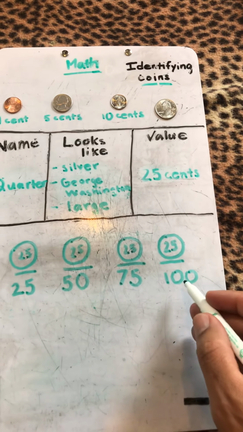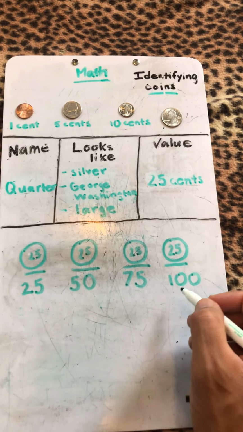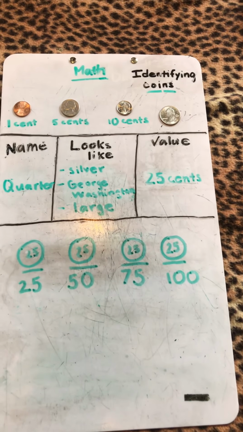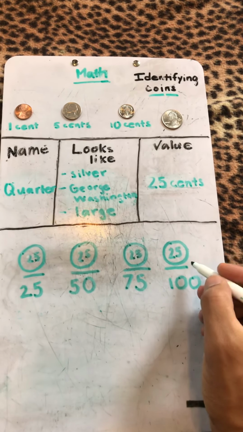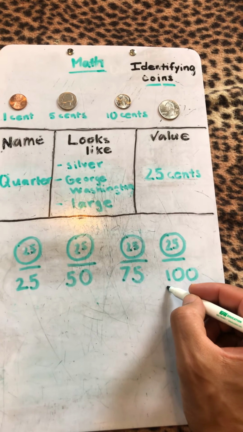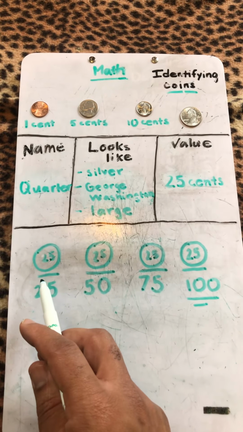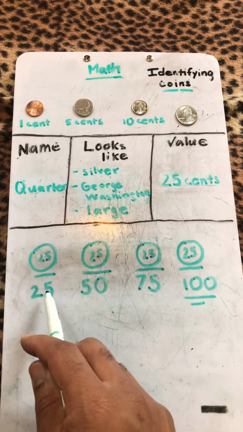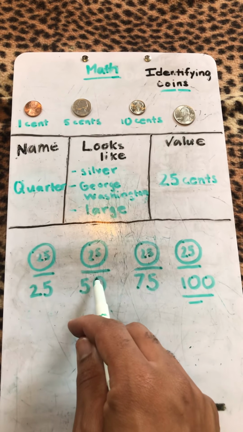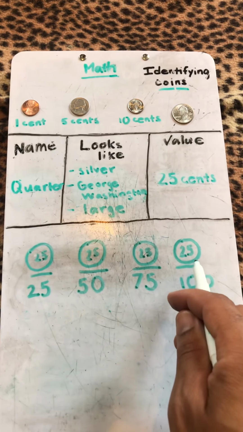When I have 100 cents, that's the same as having one whole dollar. So are we kind of like getting to this number 100 here for us? It's a good number for us. So again, when we think about skip counting our quarters values, 25, 50, 75, 100.